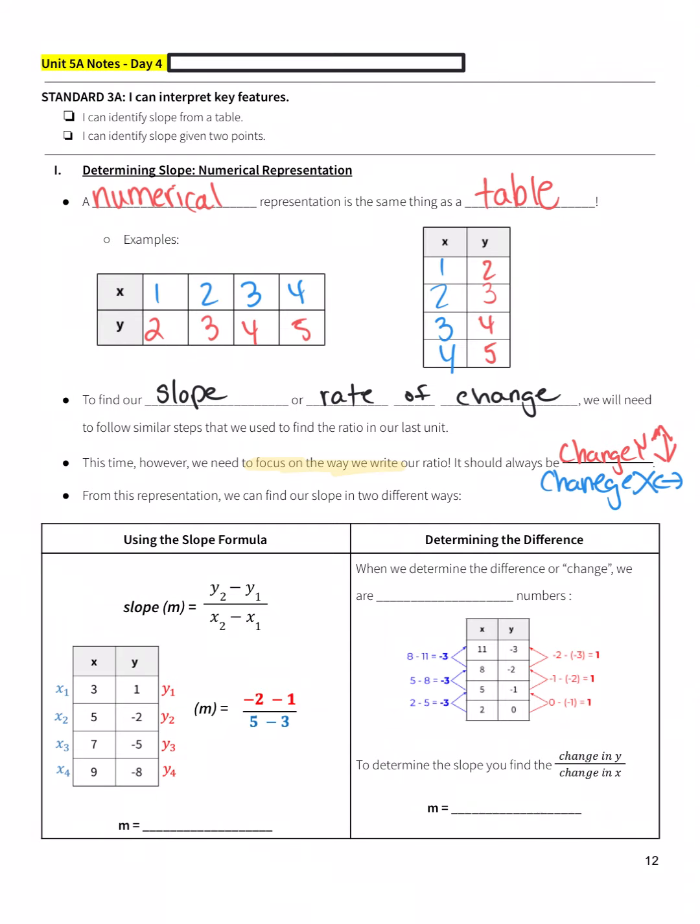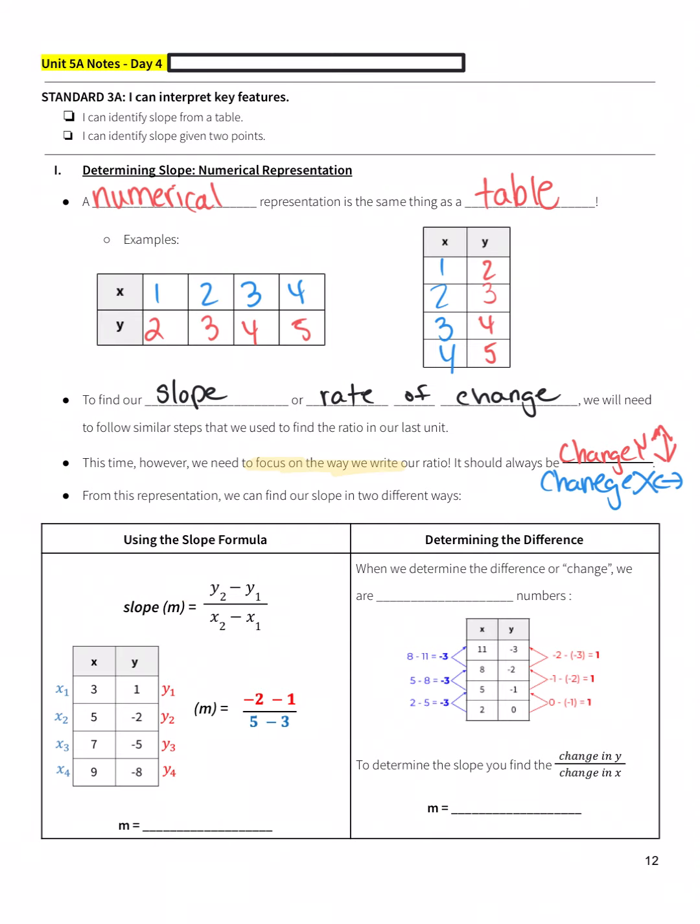All right, so there's two ways we can do this. You can use the slope formula, which is my preference, or you can use this table determining the difference. Okay, so how do we use the slope formula? Well, slope, which is represented with the variable m, is equal to, remember, change in y, so y sub 2 minus y sub 1.